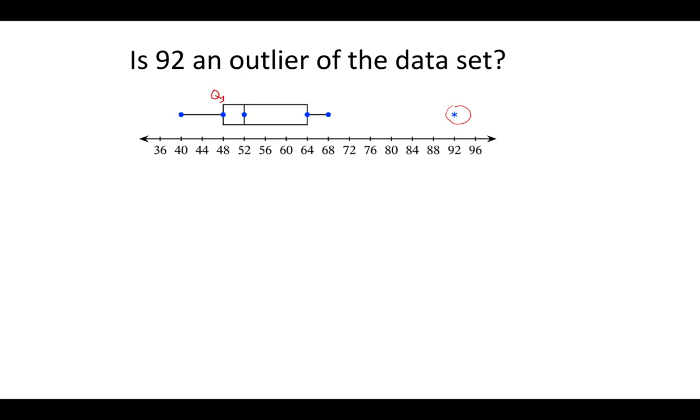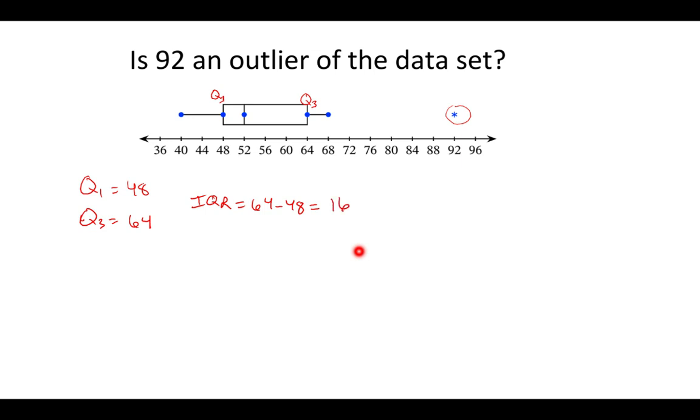Q1 occurs right here, and Q3 appears right there. So if we look down, Q1 is at 48, and Q3 is at 64. And then we know we're going to need our IQR, so let's go ahead and calculate that. IQR is 64 minus 48, which is 16.